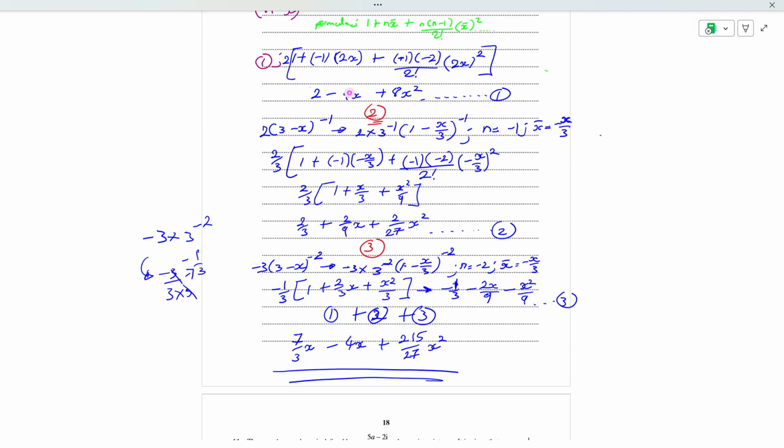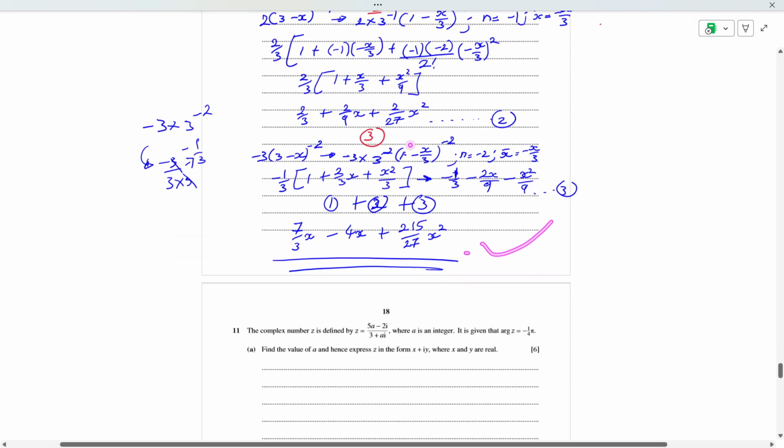Then you're saying negative 4x plus 2 over 9 minus 2 over 9, so these two cancel out, and you're just left with the negative 4x. Then you type in 8 in the calculator plus 2 over 27 minus 1 over 9, and you have 215 over 27. When you've done that, you'll be guaranteed to get your full marks. But just try to do the expansion one by one, and that way you won't make mistakes.